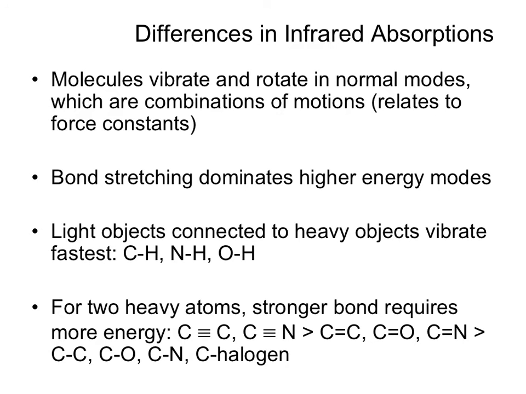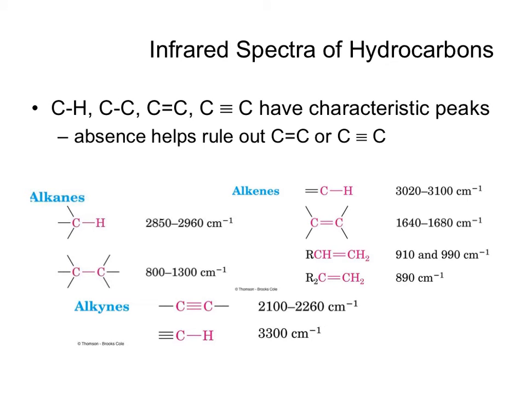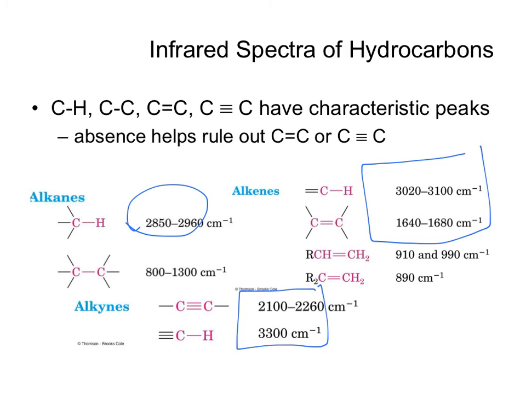analyzed. So again, for an alkane, you're expecting a 2960. For an alkene, these two are the peaks that we are interested in. For an alkyne, the 2100 and the 3300 are the peaks that we are interested in. And the absence of these two will basically give you an idea whether it's an alkyl chain or an alkenyl chain or an alkynyl chain.